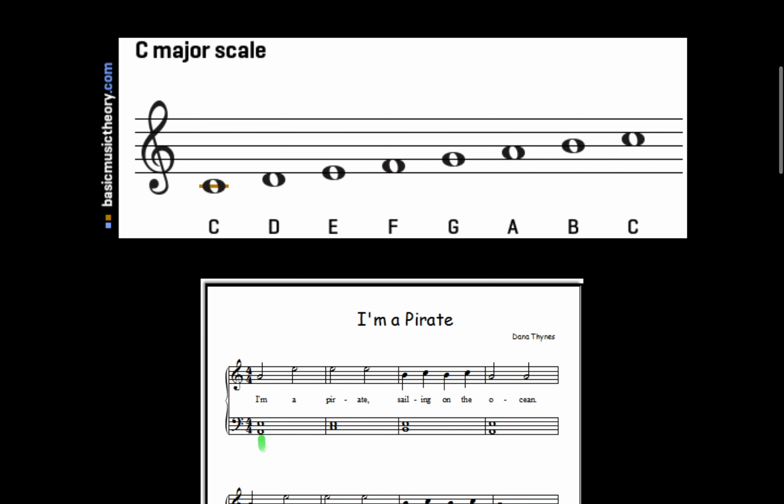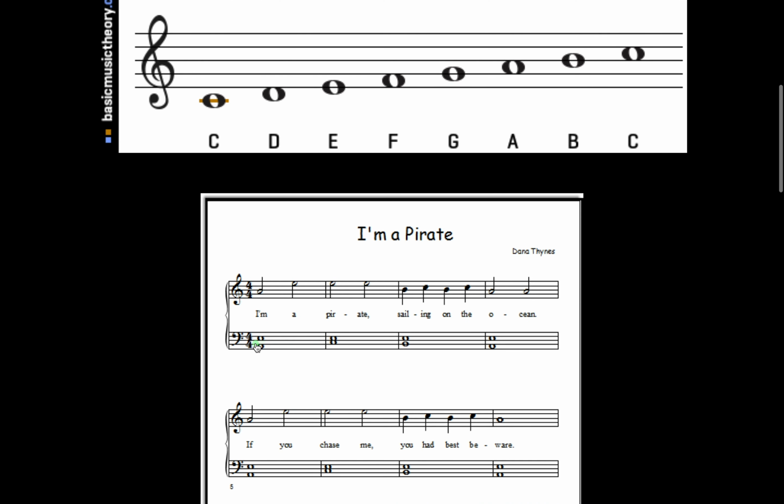B would be sitting on top of this line instead of being below this line. So B, and then it would be A, G, F, E, as shown here from the first chord. D, C, B, and A, as shown here.